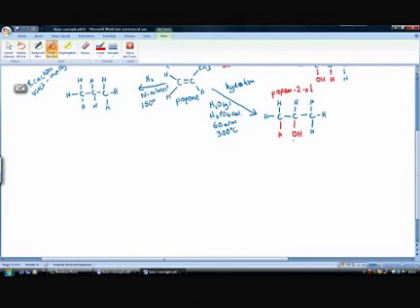Now this is similar to what happens when you react it with hydrogen bromide, HBr gas. The HBr can add on in two different ways.